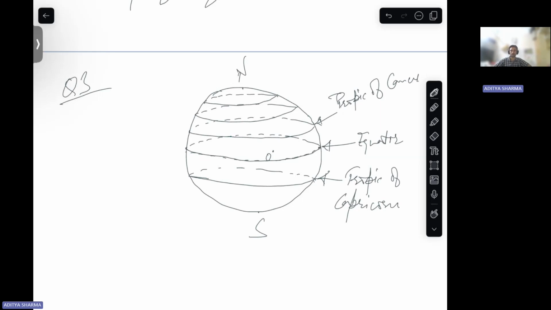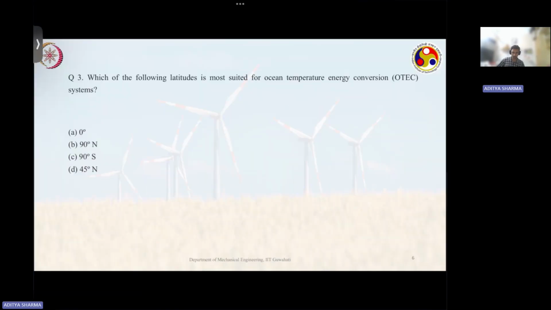Understood? Then if you see the options, what should be the most suited latitude? It obviously will be the equator, right?